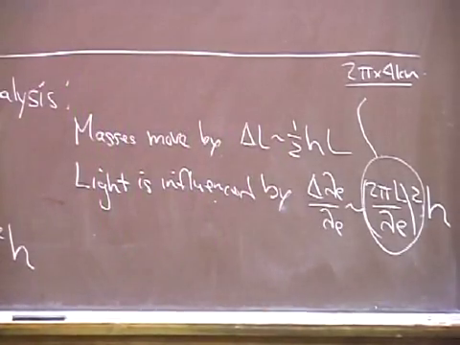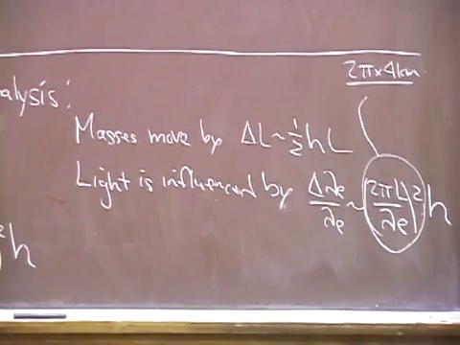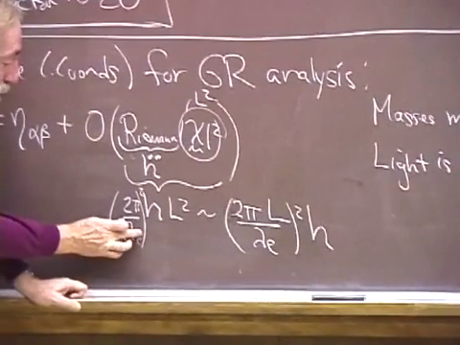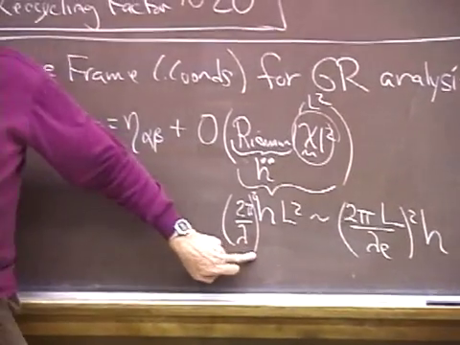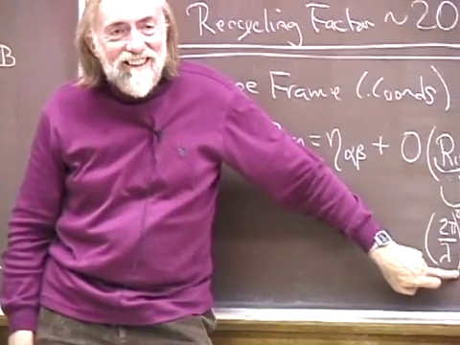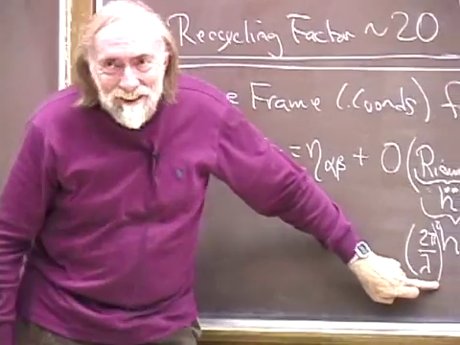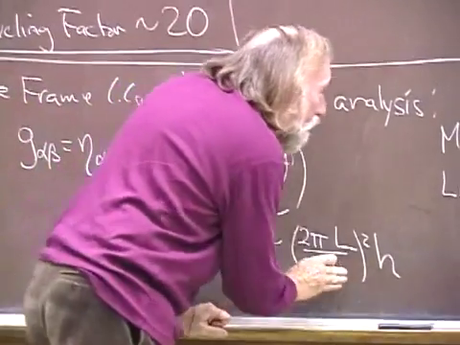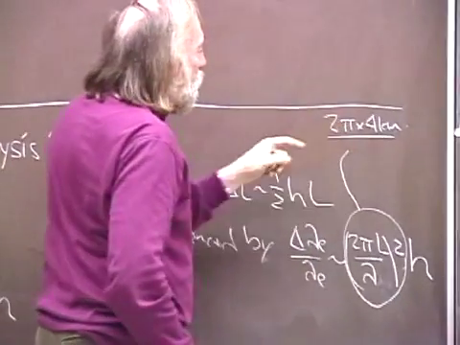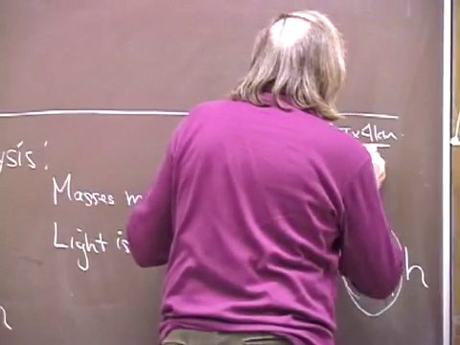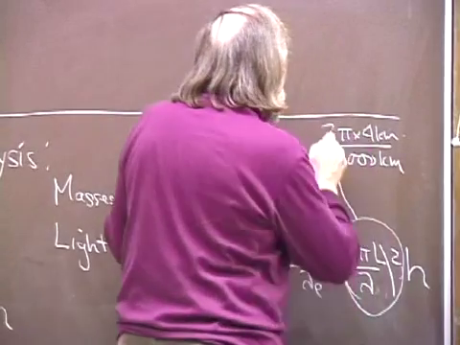This is 2 pi over the gravity wave wavelength, and subscript E is the electromagnetic wavelength. There's a slight difference. The gravity wave wavelength is 3,000 kilometers, and the light is a micron. So this is 2 pi times 4 kilometers over 3,000 kilometers, squared.